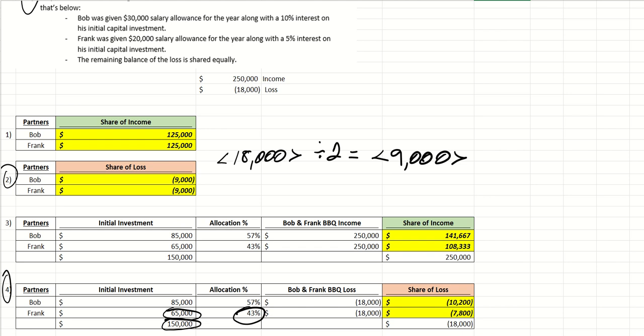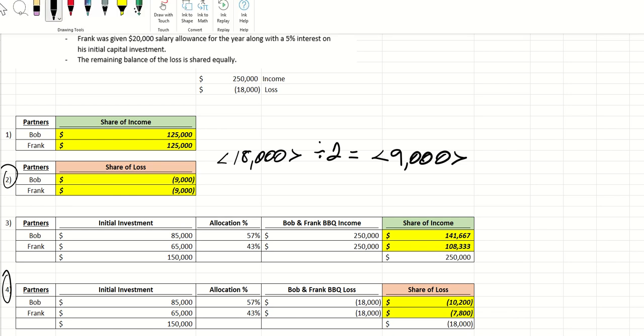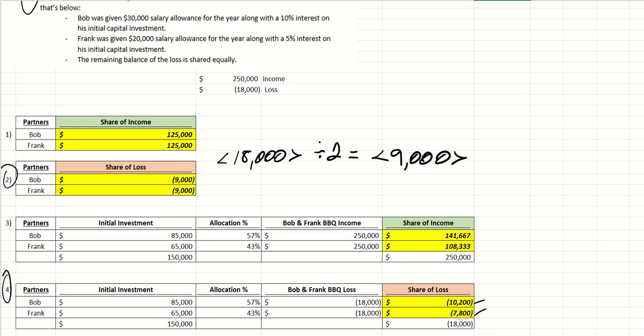So from the $18,000, Frank is going to share 43% of it, which means that 43% of 18,000 gives you $7,800. To make sure the calculations are correct and all of the losses are accounted for, you take $10,200 and add it to $7,800. That gives you your $18,000, and we're good to go for number 4.